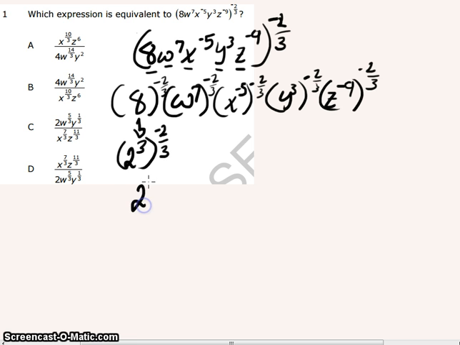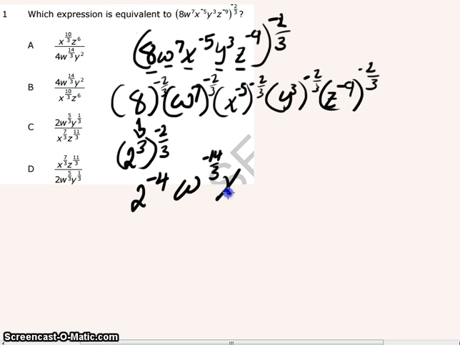So you would get 2 to the power of -2. When it comes to 7 times -2/3, it becomes -14/3, and we cannot simplify that one, so we'll just leave it as -14/3. And then -5 times -2/3, negative becomes positive, and we have 10/3.